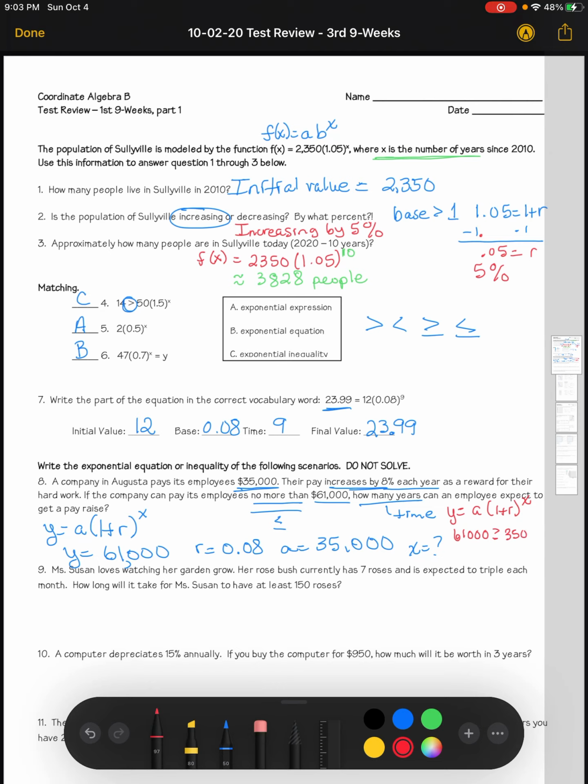So our initial value is 35,000 plus our rate. Remember, we have to add 1 to that 0.08. So I'm going to come down here and try to rewrite it. 61,000 greater than or equal to 35,000 times 1.08. And I cannot seem to get all of that on the same line, so I'm going to go back up here and erase this and rewrite it for us.